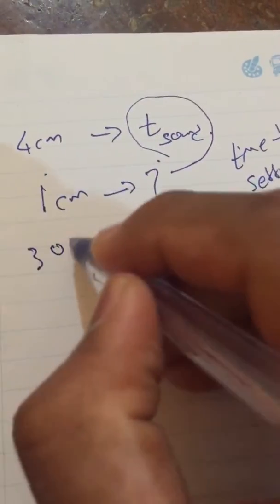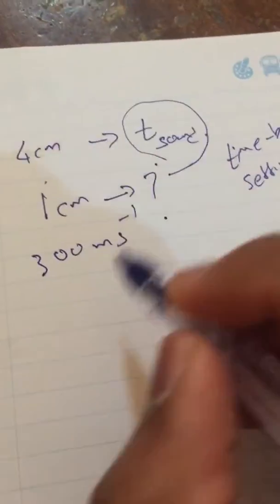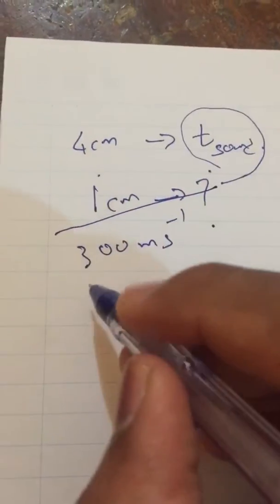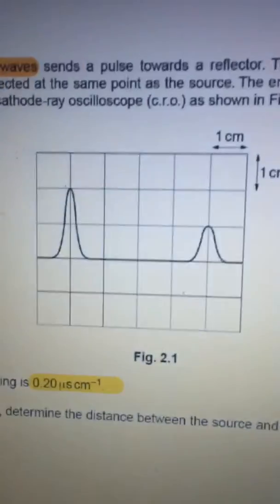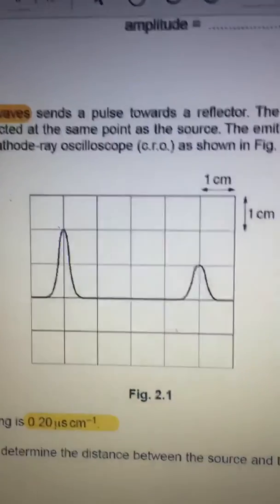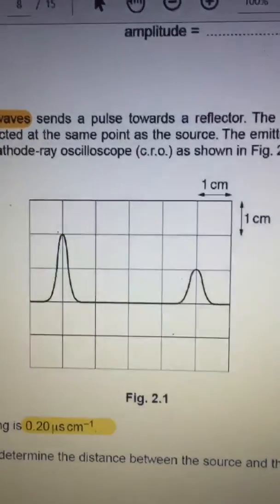The speed of sound is given as 300 meters per second. Now we know the distance that the sound should travel. Between the two pulses, the distance traveled is 240 meters, 120 this way, 120 that way.